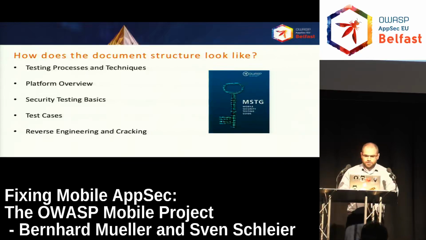The MSTG explains basic security testing processes and techniques, and these are the foundation of all the test cases. So this starts from how static analysis is applied to your mobile apps, how you can do it when you have the source code, how you can do it if you do not have the source code by decompiling the app, and how to execute dynamic analysis.